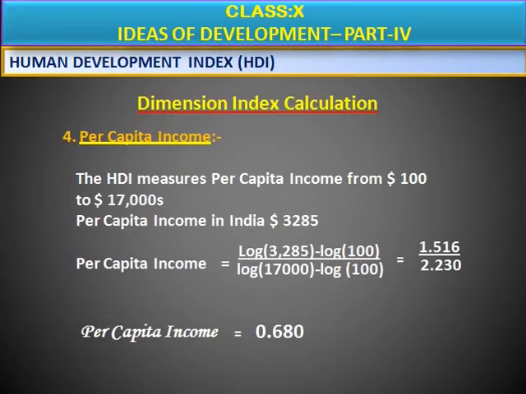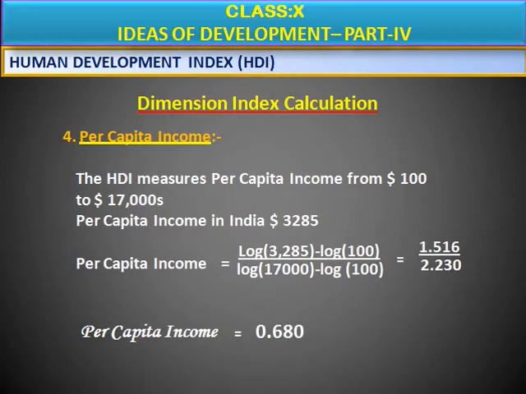Fourth one, per capita income. The HDI measures per capita income from $100 to $17,000. Here, per capita income in India is $3,285.